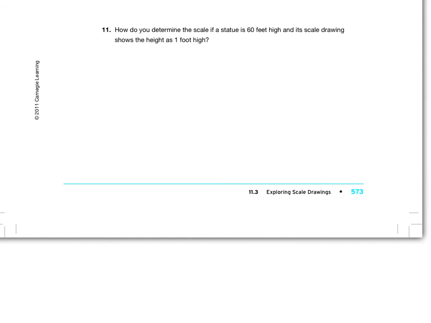Okay, folks, now I am on page 573, question number 11. Kind of hopping around, probably come back. But it says, how do you determine the scale if a statue is 60 feet high, and the scale drawing is 1 foot? Well, you remember in the previous question, I said it's normally model on top, actual on bottom.